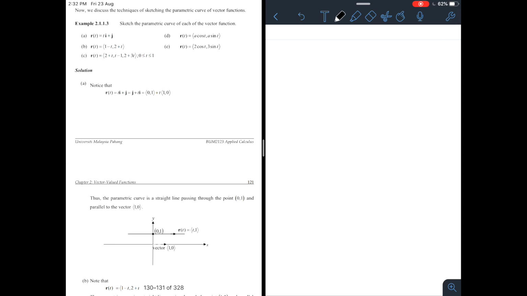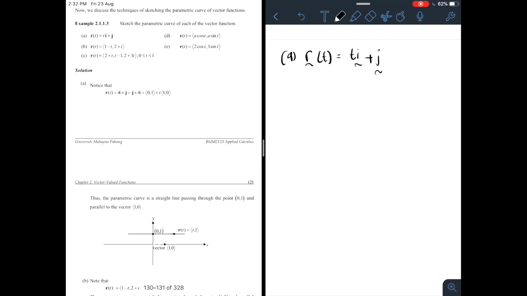So, let's try to solve this example 2.1.1.3 on page 120 together. For the first question A, you have been given this vector function r equals ti plus j.